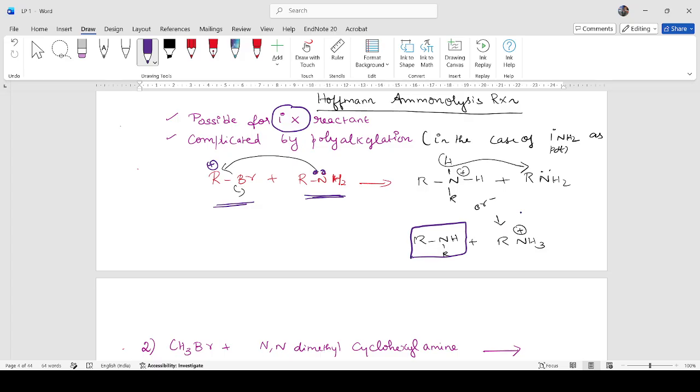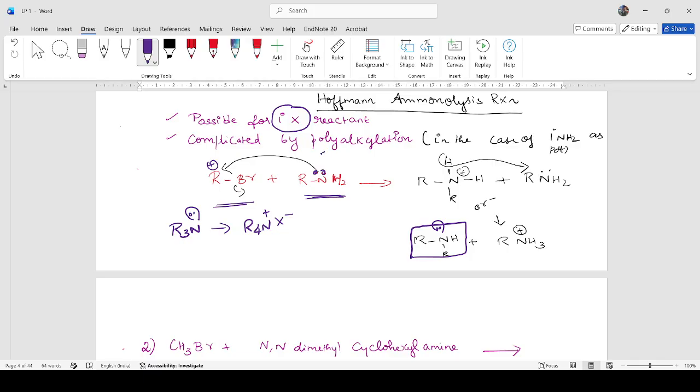The reaction doesn't stop here. It is quite complicated because right now I still have the lone pair. So it can further go for the reaction where it is R2NH. It will become R3N. Still it has a lone pair. Again it would go for the reaction so that it forms R4N plus X minus.